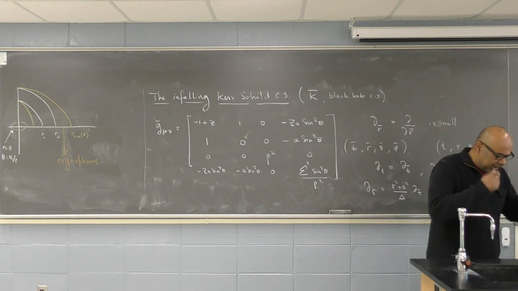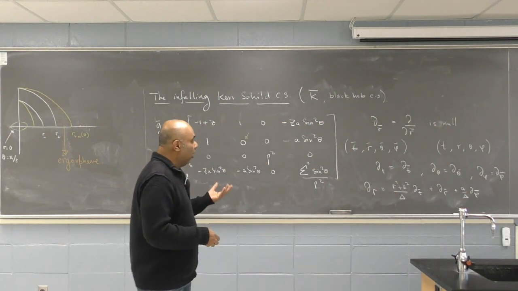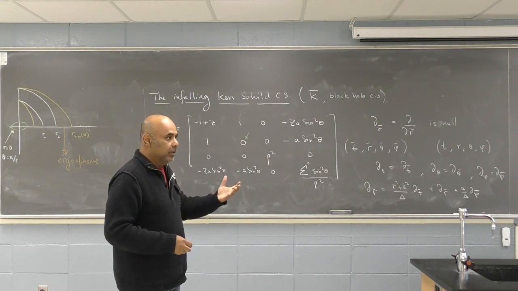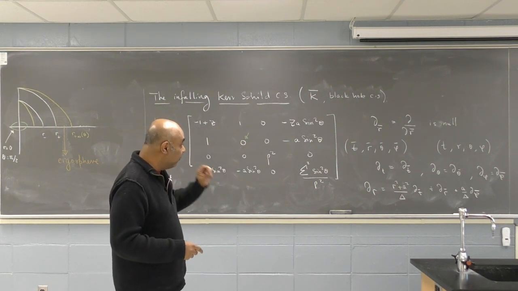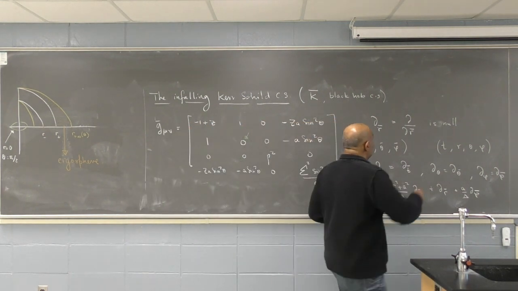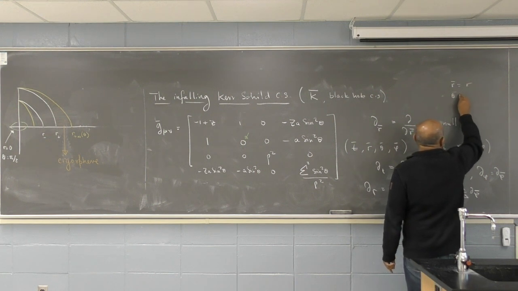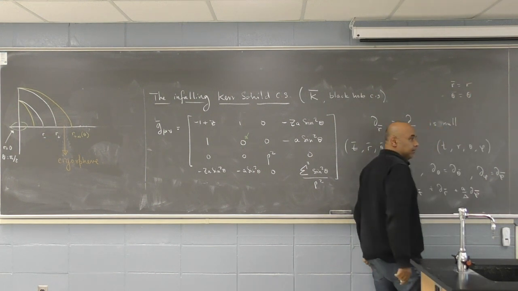Here dr is unbarred, everything else is barred. So r and theta are exactly the same in the two coordinate systems as functions, but they are not as vector fields, meaning r bar equals r, theta bar equals theta.